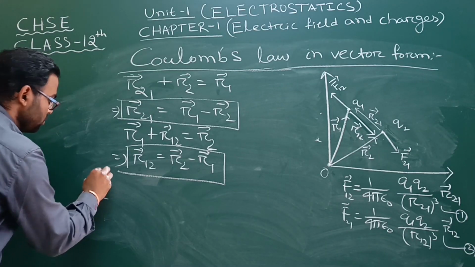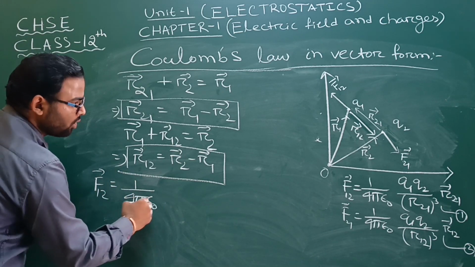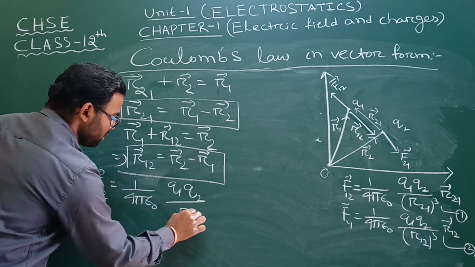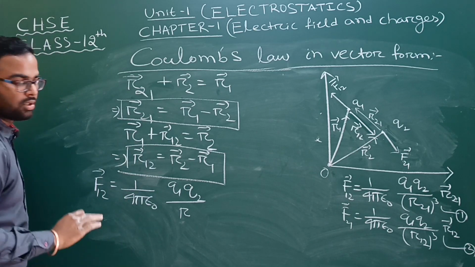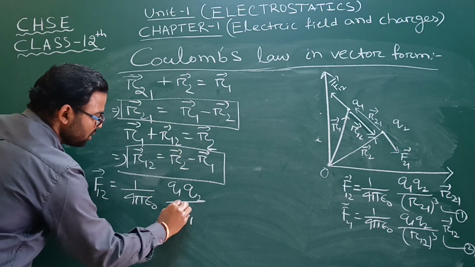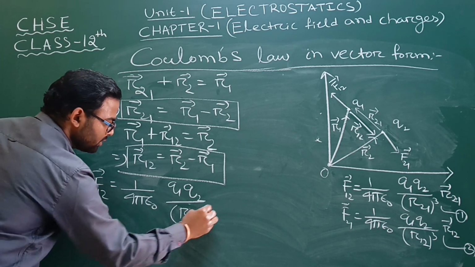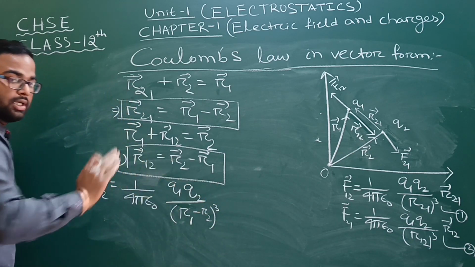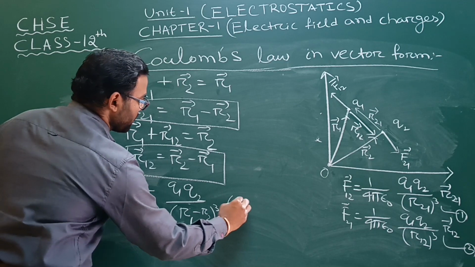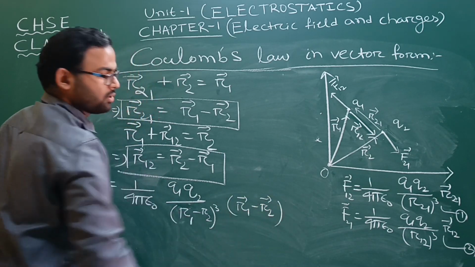So F12 vector will be 1 by 4 pi epsilon naught Q1 Q2 by R21 cube. What is R21? R1 minus R2. R1 vector minus R2 vector, but I will not give the vector symbol here because it is in magnitude form. And R21 vector will be R1 vector minus R2 vector.